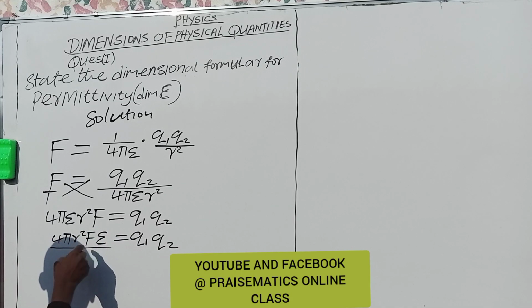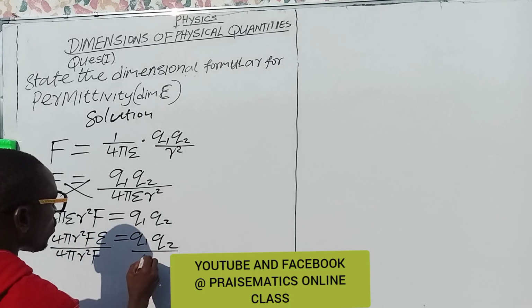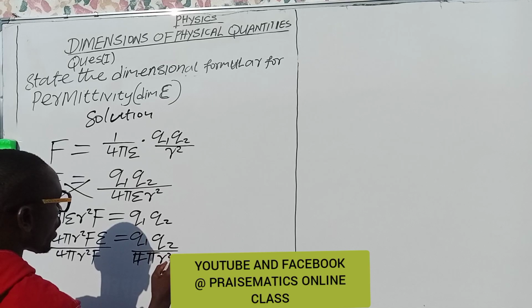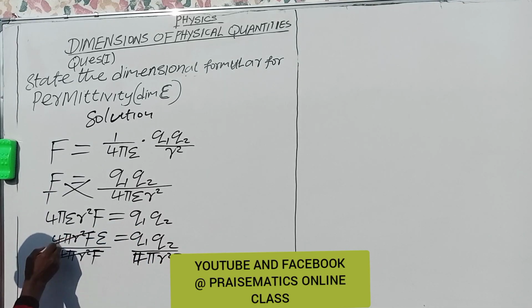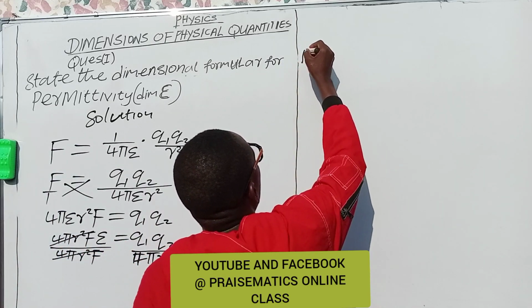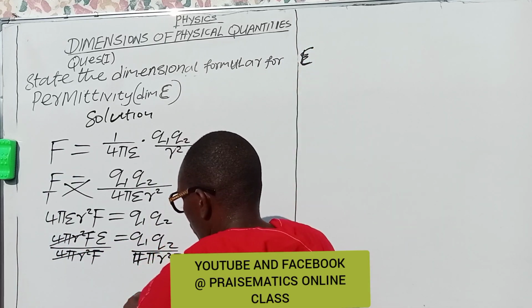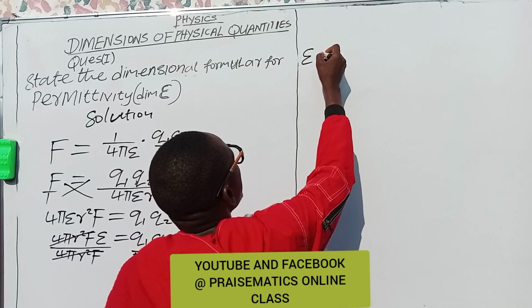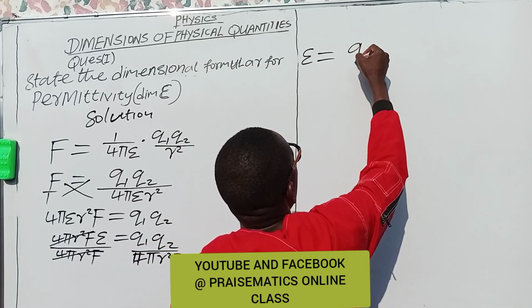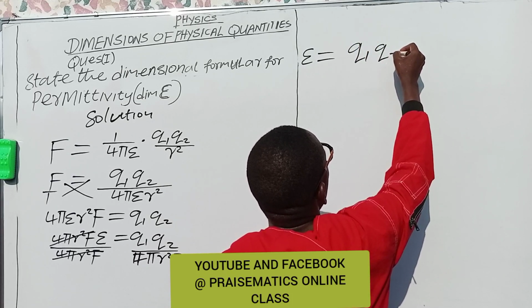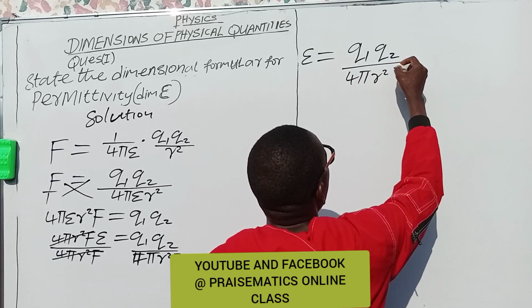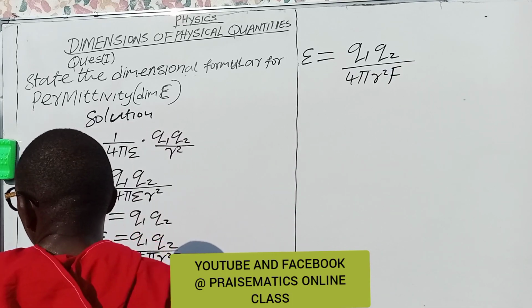Now divide both sides by the coefficient of epsilon, which is 4 pi r square F. This will cancel this, and we are left with epsilon, or permittivity, equal to the product of charges Q1 Q2 all over 4 pi r square F.